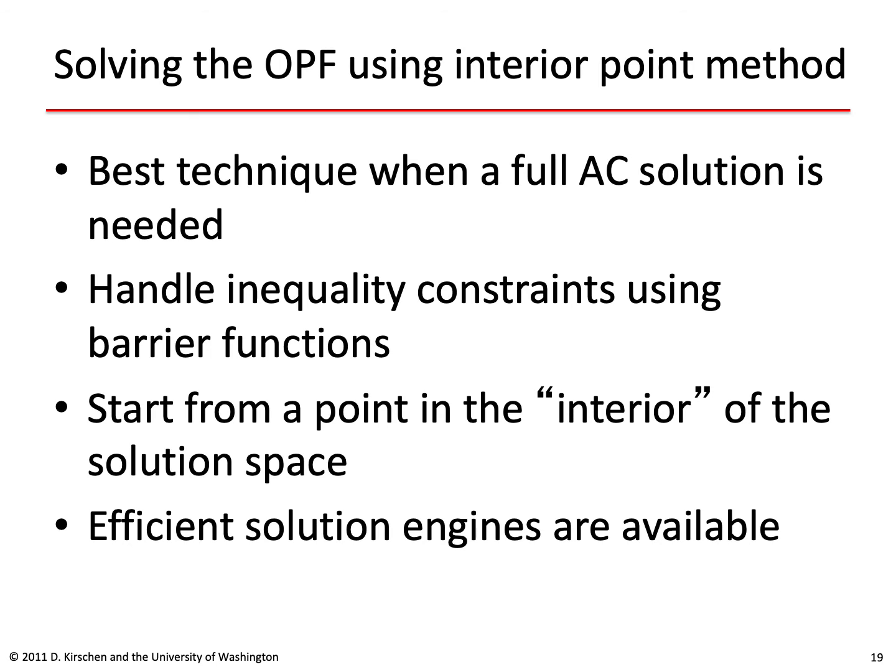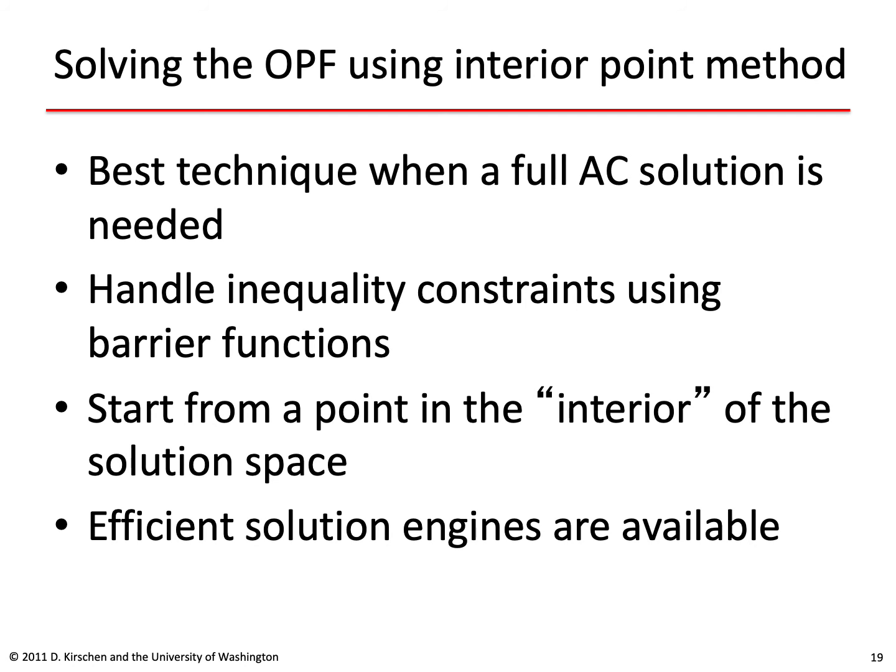If you need a solution that takes into account the full AC nature of the problem, the interior point methods are probably the best approach. The idea of interior point methods, as we saw in our introduction to optimization, is that we replace inequality constraints by barrier functions, and that we progressively make those barrier functions steeper as we get closer to the solution.